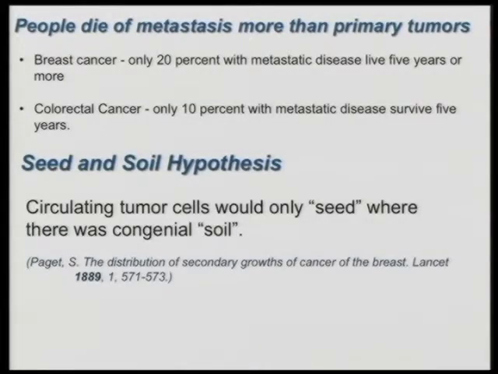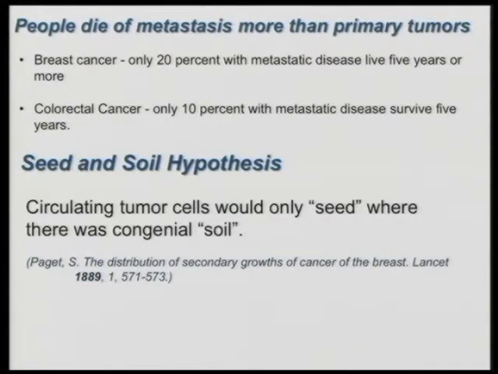A long time ago, well over 100 years ago now, Stephen Paget came up with the seed and soil hypothesis. Even many of us who, as far as we know, don't have cancer may still have circulating tumor cells floating around in our bone marrow, in our blood.